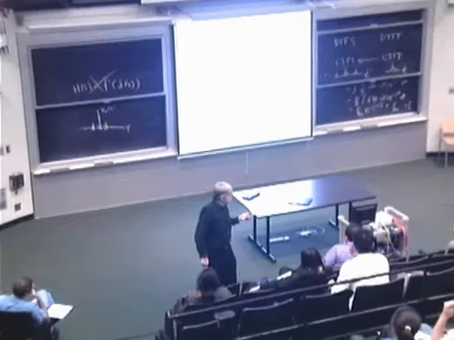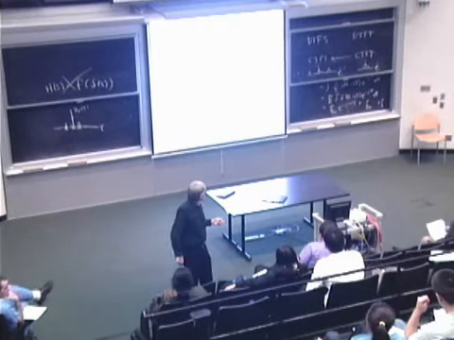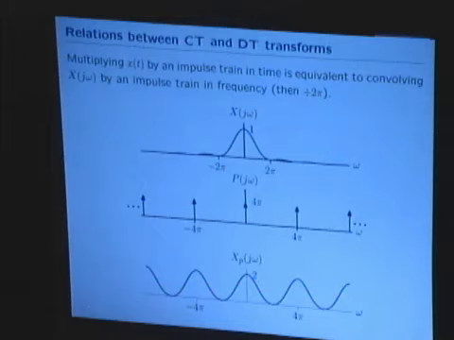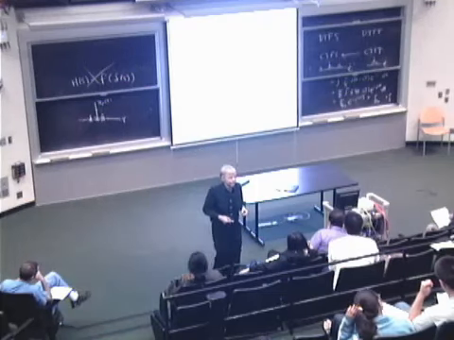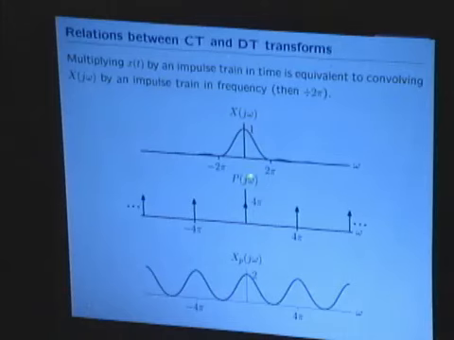What's the effect of multiplying in time by an impulse train? What's the effect in frequency? Multiply in time by an impulse train. What do you do in frequency? Convolve in frequency. So we take the original base waveform, but now we convolve it. And lo and behold, we convolve this signal, which could be anything, with this signal, which is always periodic.